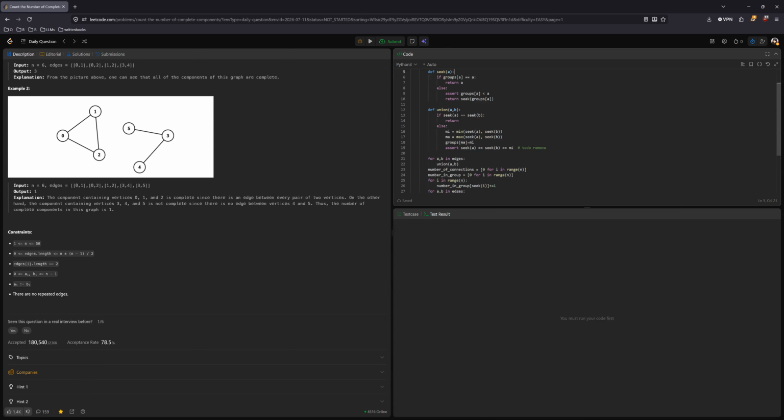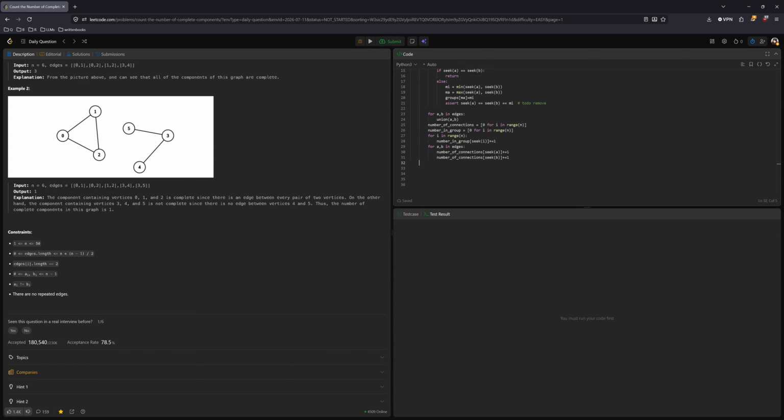And then I think in here, let's say return value equals seek of groups of a, and then groups of a equals r, and then return r like that. All right, cool.